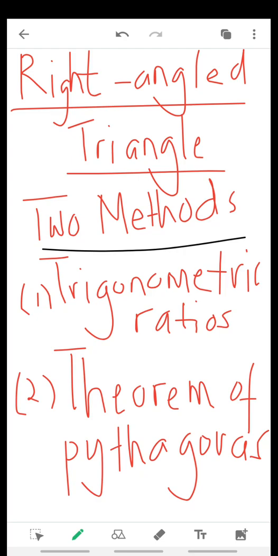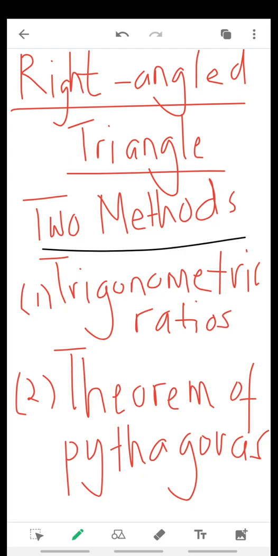But when we go to the theorem of Pythagoras, remember in grade 8, we only found the length of a particular side of a right angle triangle, meaning the theorem of Pythagoras does not give you the option of finding an angle. You can't use it to find an angle.